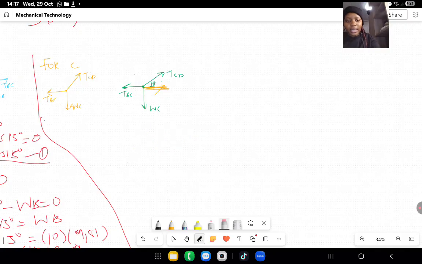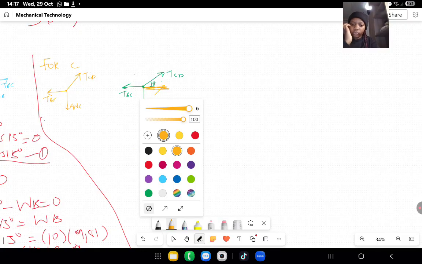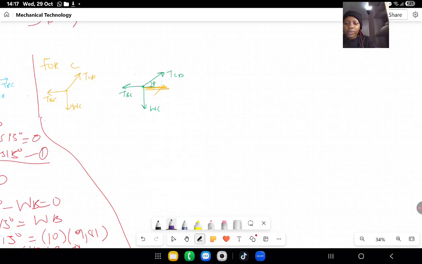Let me use another color. This color is not that visible. So here we will say the sum of the horizontal forces is equal to 0.